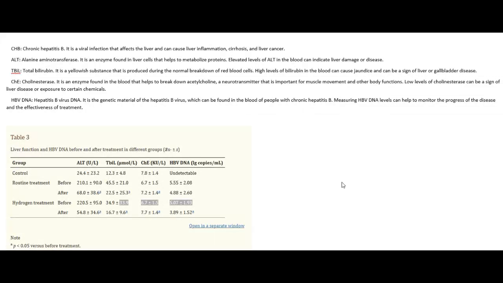Maybe I didn't remember right what bilirubin is. So the liver takes bilirubin out. Wait, say that again. It's a yellowish substance produced during the normal breakdown of red blood cells. And high levels of bilirubin in the blood can cause diseases in the liver and the gallbladder.